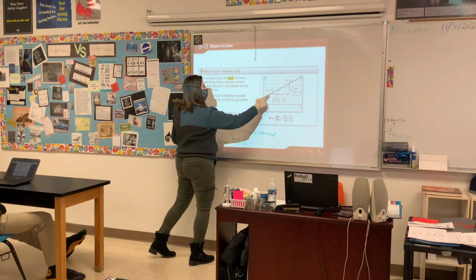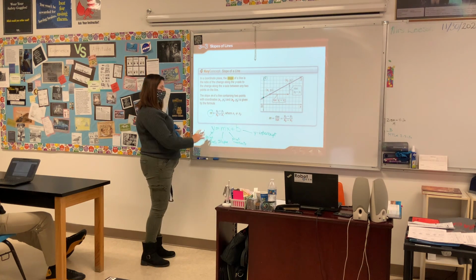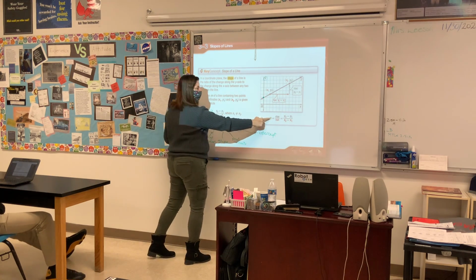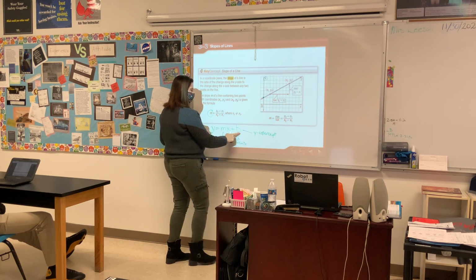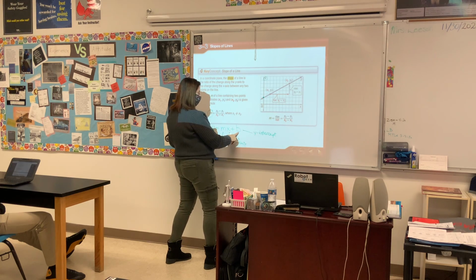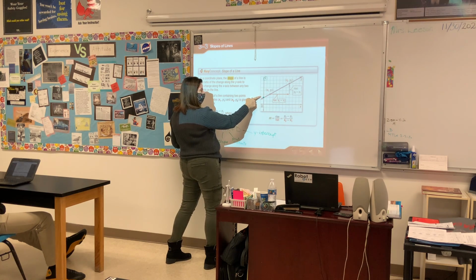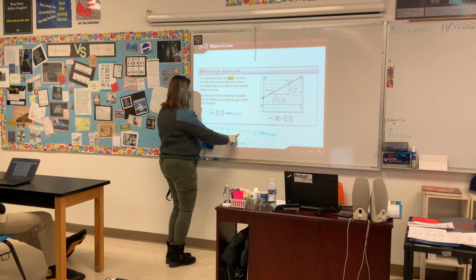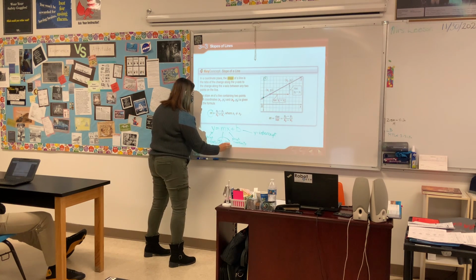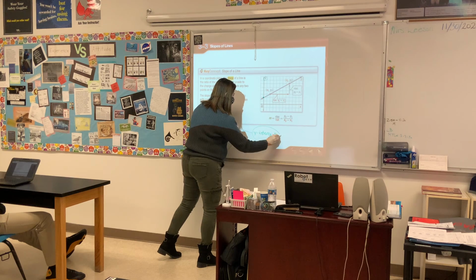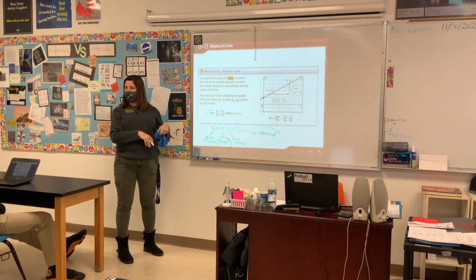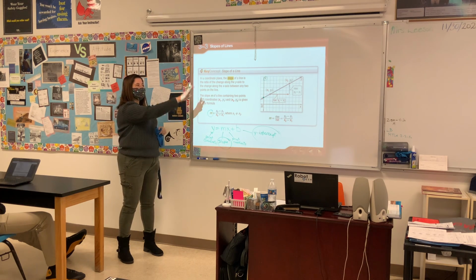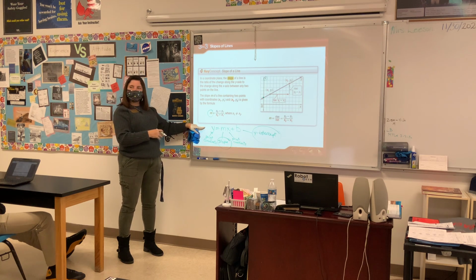So in this particular one, I'd have to calculate what the m is, and I could find the b by just seeing what the y value is. And as soon as I have this and this, and I put it into this equation, I've described that line. I can find any point along that line using this equation.